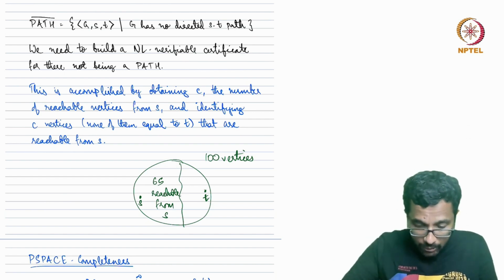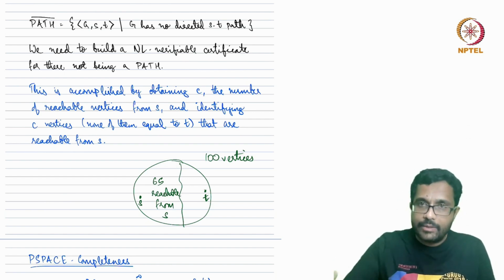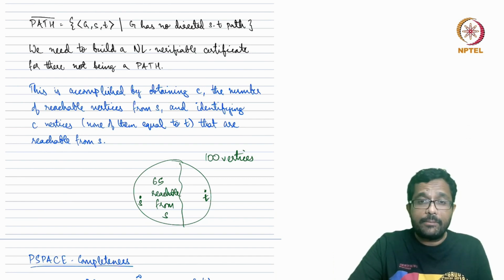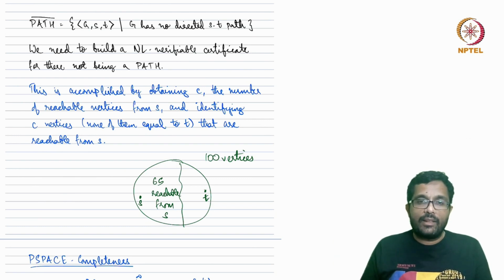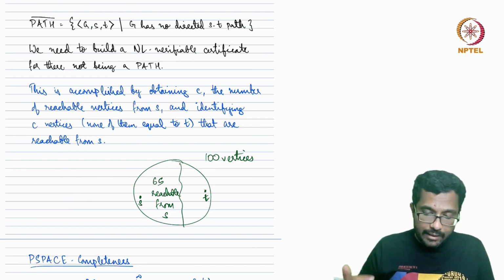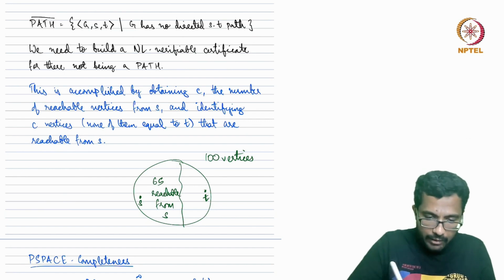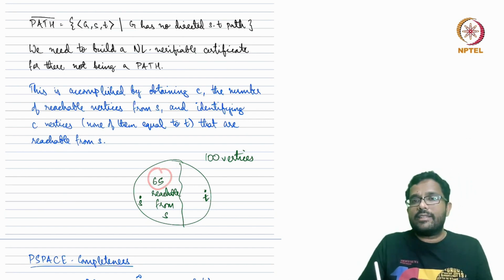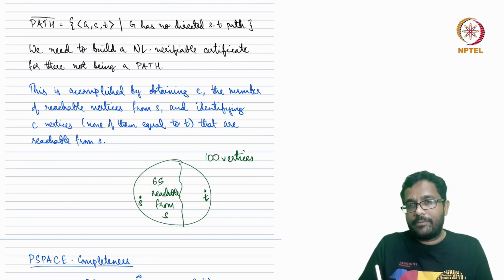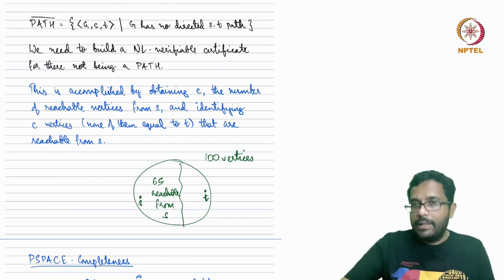So this also involves multiple steps. First, we have to determine the number of reachable vertices. That is also not easy, because remember, we only have log space. We have non-determinism, but we only have log space. So determining the number of reachable vertices, or in this example, the number 65, is not so straightforward. We have to slowly build that number.